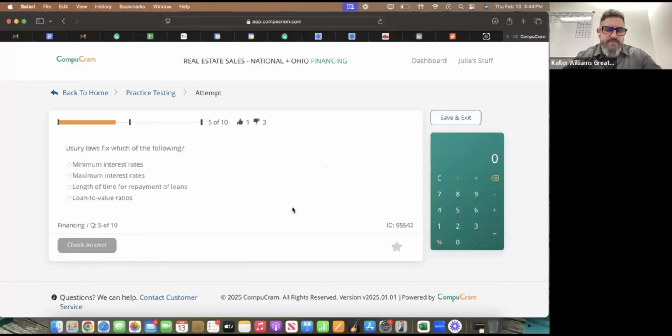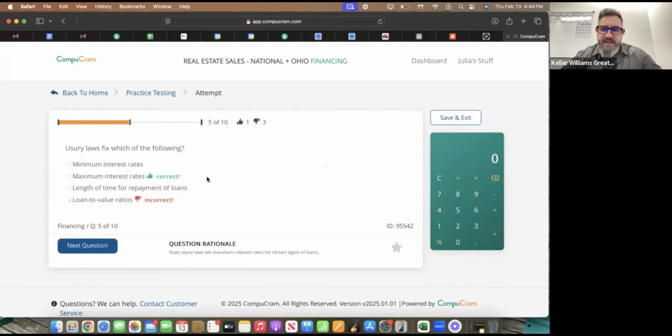Do they fix minimum interest rates, fix maximum interest rates, fix length of time, or fix loan to value? Eric guesses D on this one. Sure, let's pick that. My gut tells me C, but I could be wrong. Nope, it's B actually. Maximum interest rates. So usury laws fix maximum interest rates.